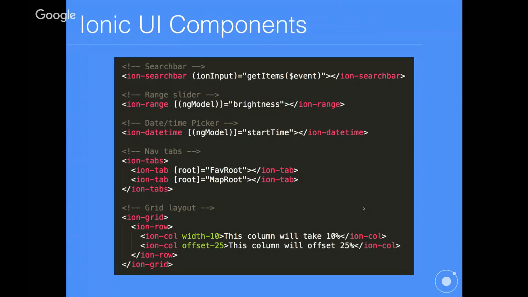As an example, if you look down at the bottom at the grid layout, at the columns, you can see now we have a directive ion-col, and I'm giving it a width using the attribute width-10, whereas previously in Ionic 1, this would have been a div with a class of col and also a class of col-10. And we feel like this makes the code much more readable and much easier to maintain.